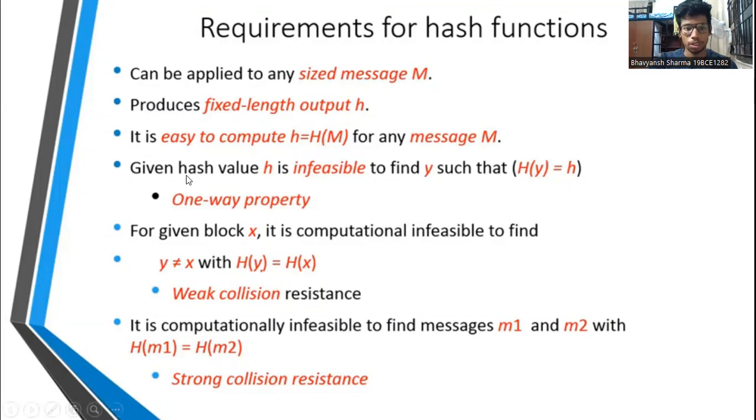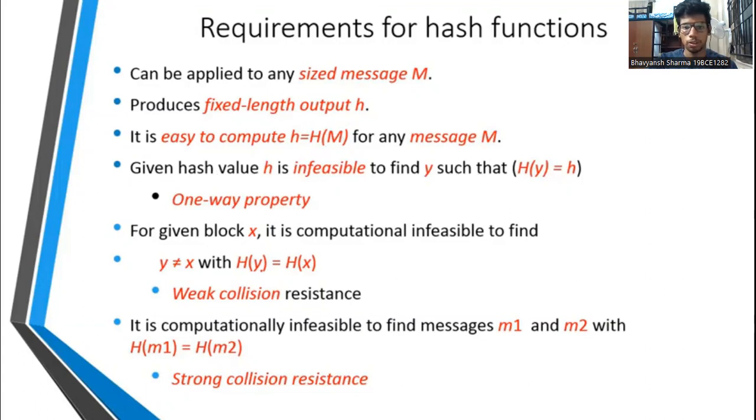Given a hash value h, it is infeasible to find y such that H(y) is equal to h. Let's suppose that the message that I want to hash is hello.